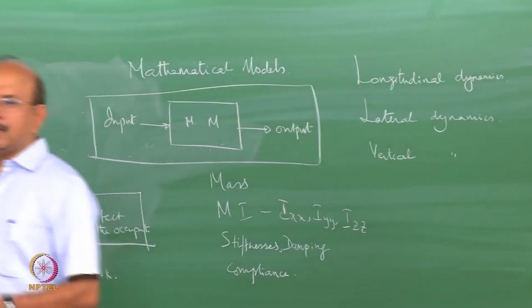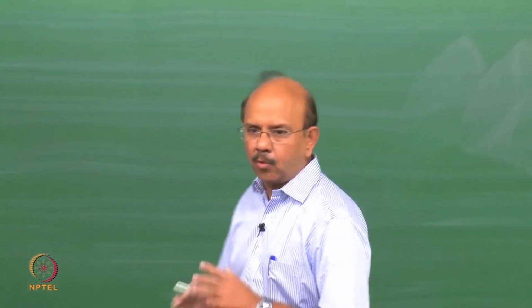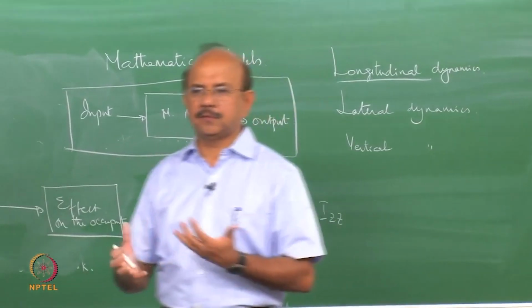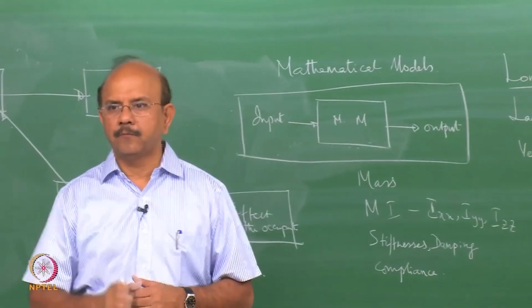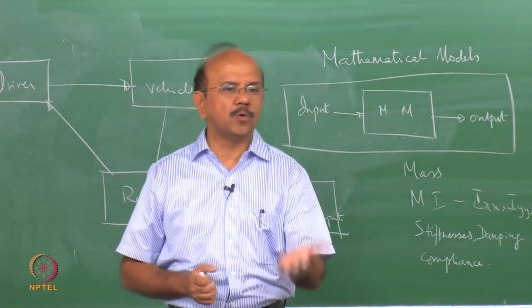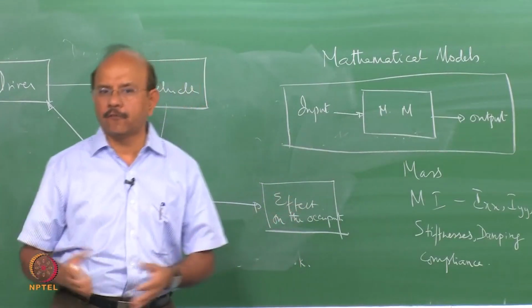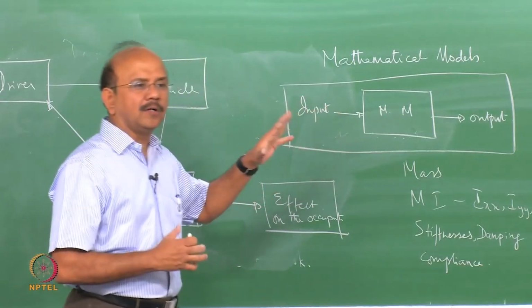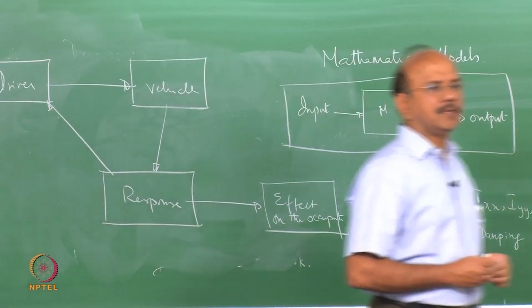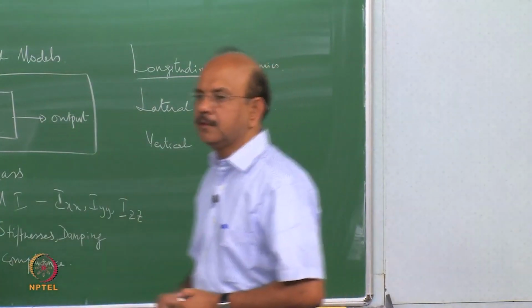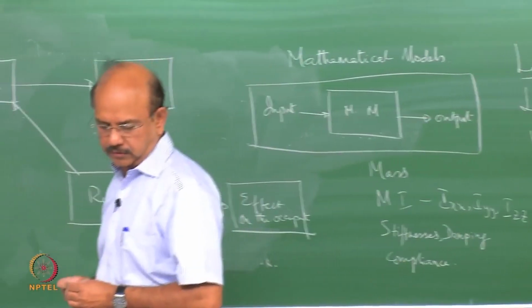In other words, the mathematical model covers the vehicle behavior in the longitudinal direction, the lateral direction which is perpendicular to the vehicle, and in the vertical direction, as it goes over a bump or as it goes on a rough road and so on. So, basically the mathematical models are written in such a fashion that we understand what happens in these three directions.